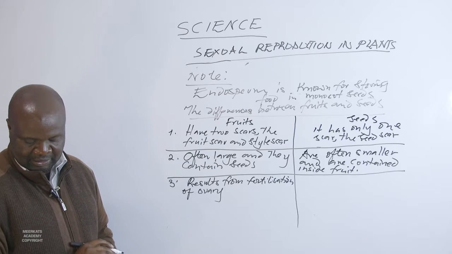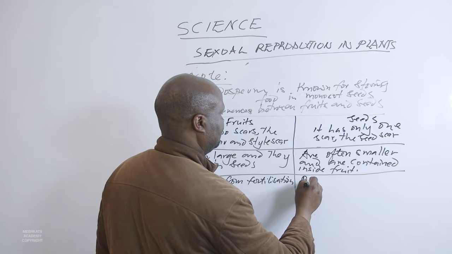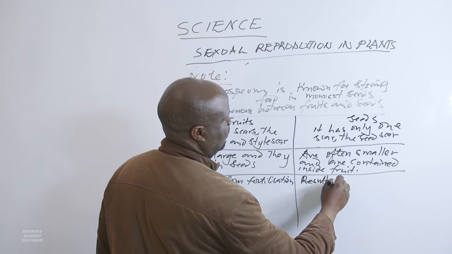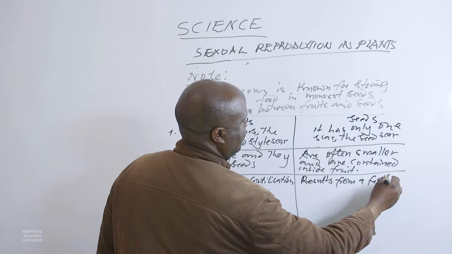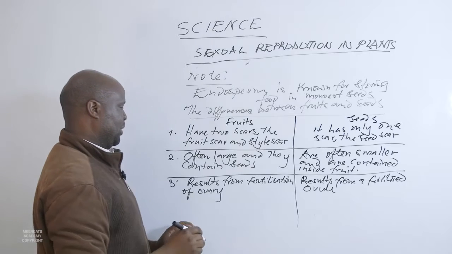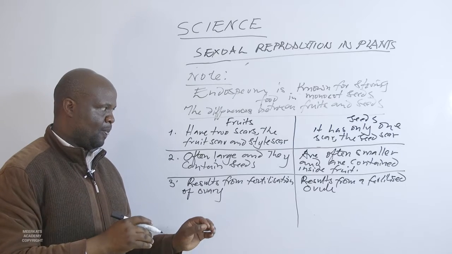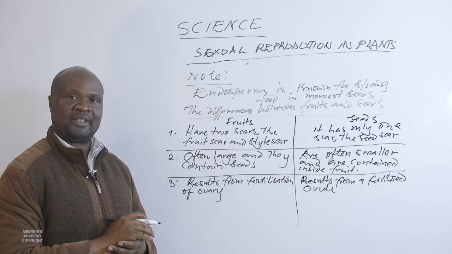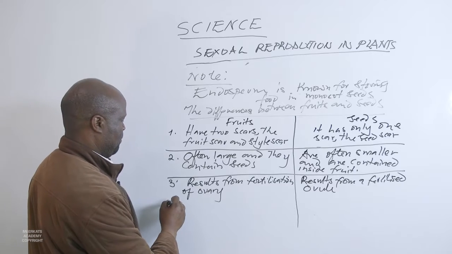The other, the seed, results from a fertilized ovule. So we can say the fruit emanates from an ovary, while a seed comes from a fertilized ovule.